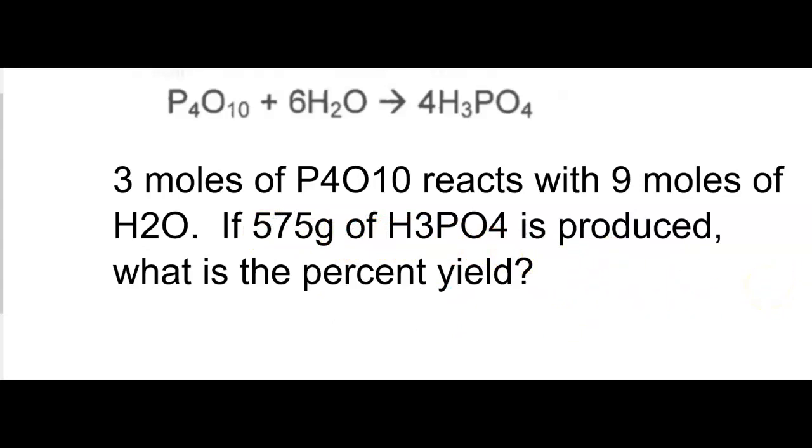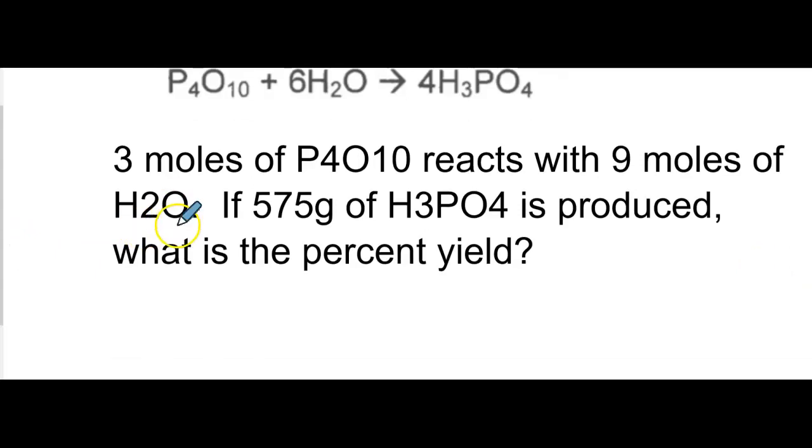So we've got to find our limiting reactant first before we do anything else. So this is what you guys should be doing first. You've got your 3 moles of P4O10. And we've got 9 moles of H2O. Those are our reactants.